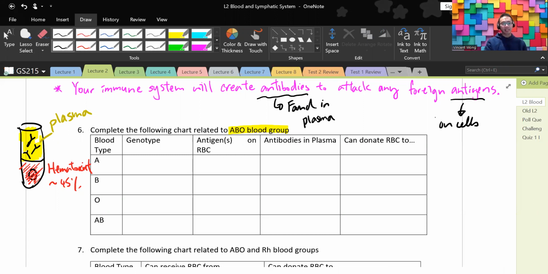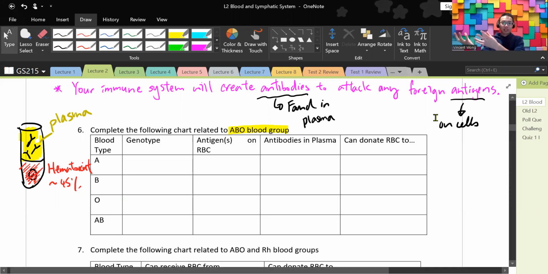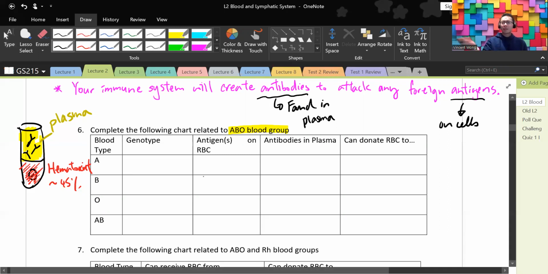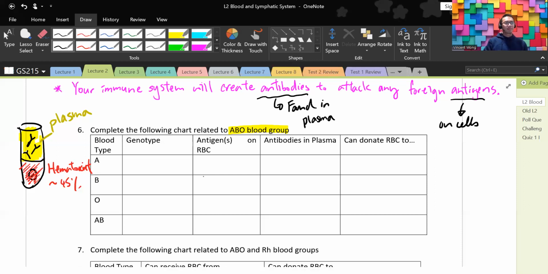I have to emphasize that. Your liver cells are going to have antigens. That's why we cannot just take someone's liver and transplant it into another person, because the antigens on the liver cell will be rejected. It's not the same. Does anybody in this world have the exact same antigen? Will two people ever have the same antigen? No?